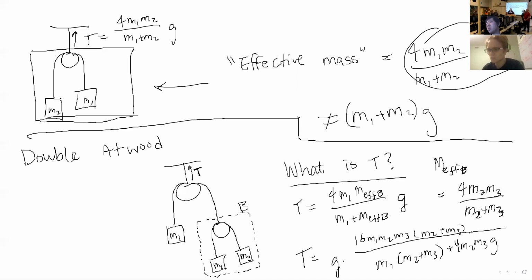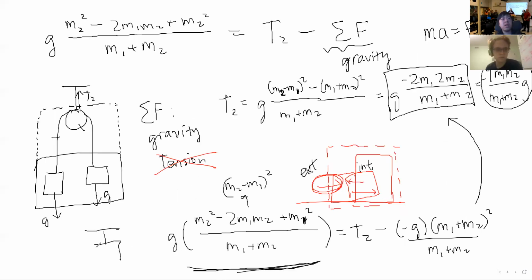Wait, why would you divide by G? Wouldn't you divide by the acceleration of the center of mass? Well, no, here's the thing. If I were to put this entire system in a box, right? By putting it in a box, the weight of the box is equal to the mass effective times G, right? Because that's how a box behaves.